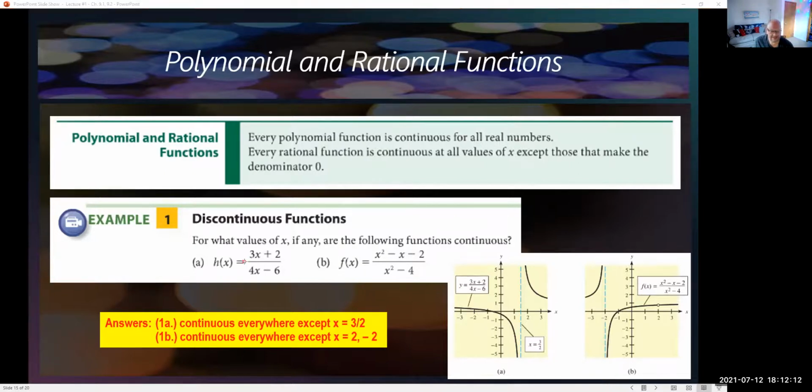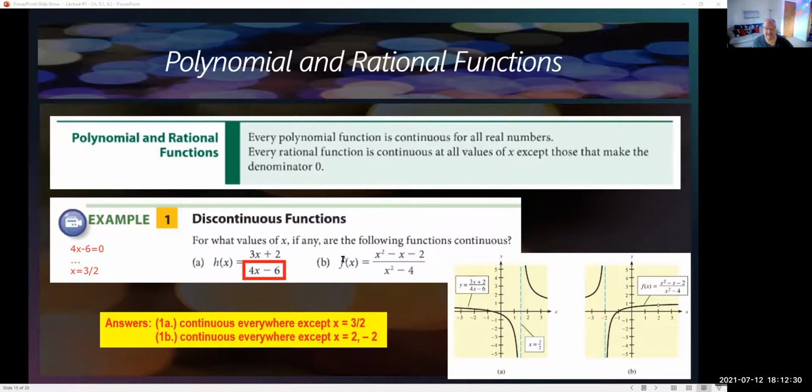Look at this denominator. If I think of the equation 4x minus 6 equals 0 and solve it, I'm going to get x equals 3/2.